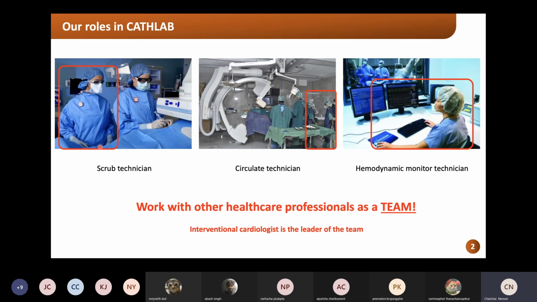And the second picture, you will see that we also are the circulating technician as well. The important thing that the circulating technician needs to do is observe the screen and also observe the patient while the doctor is doing the procedure.